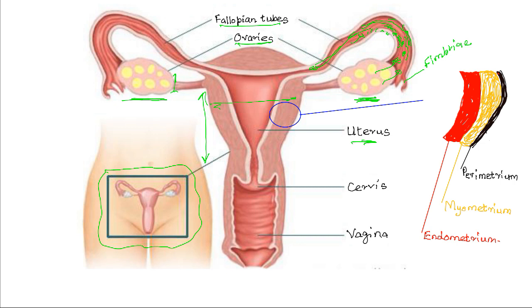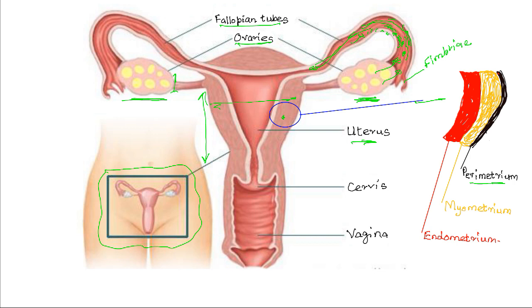It lies behind the urinary bladder and it is held in position by ligaments joined to the hip bone. The wall of the uterus consists of 3 layers. You can see when you expand these ones here, consists of 3 layers, namely the outermost layer known as the perimetrium.